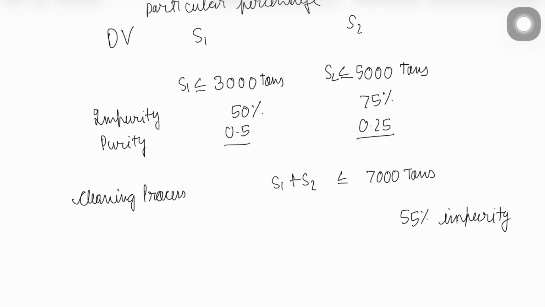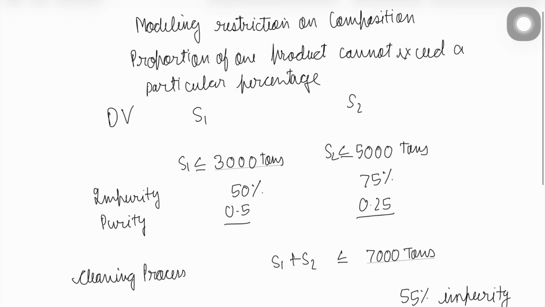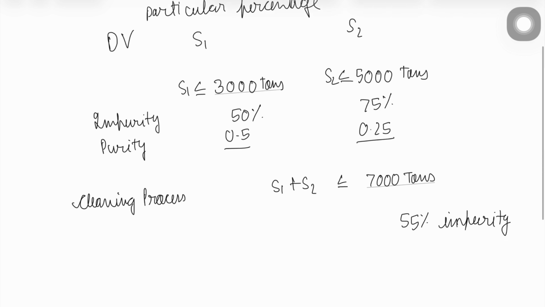But it is also given that the cleaning process can handle 55% impurity only. So let's say we are making a mixture of both, and this is where the concept of proportion comes into play.